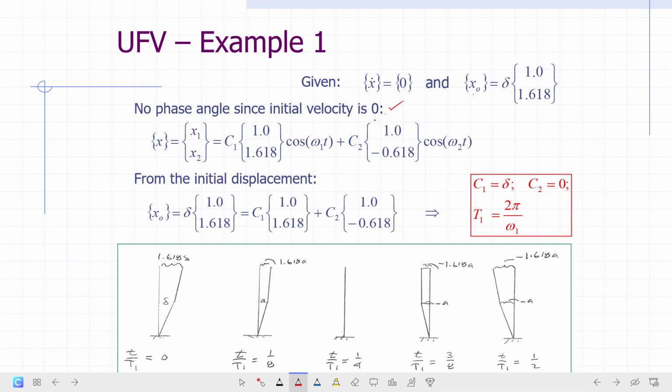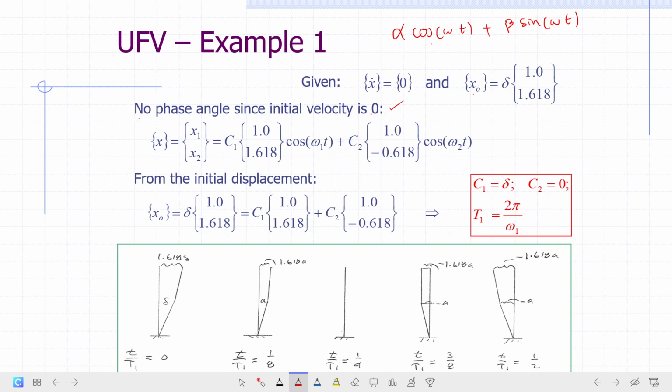This is a little bit not obvious, but you can check whether this is true or not. If you choose the form of equation like this, let's say alpha cosine omega t plus beta sine omega t, it can be easily checked whether this statement is true or not.